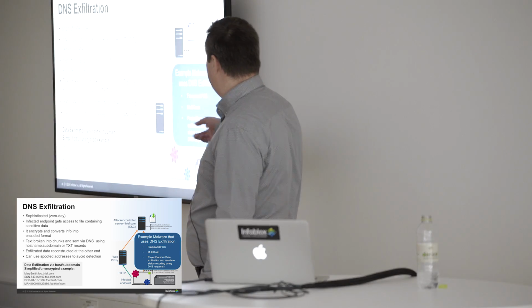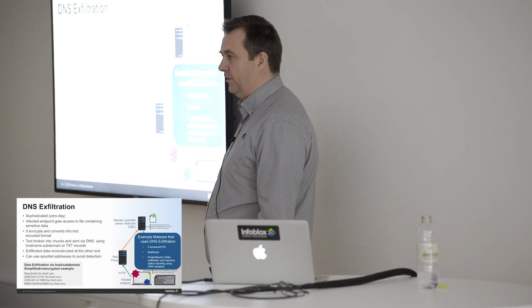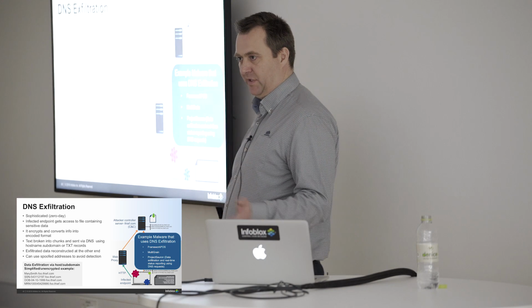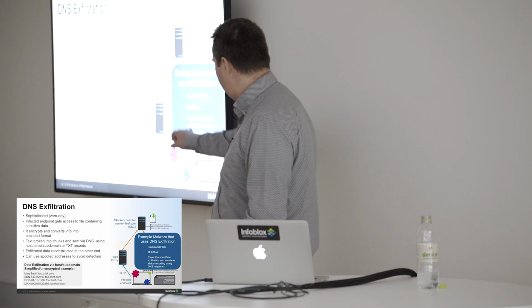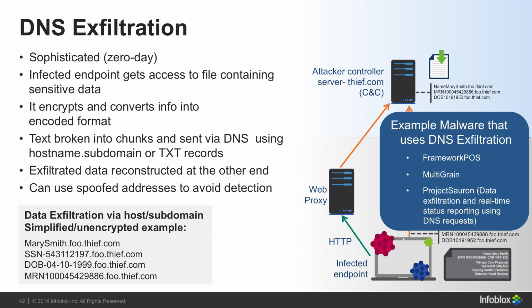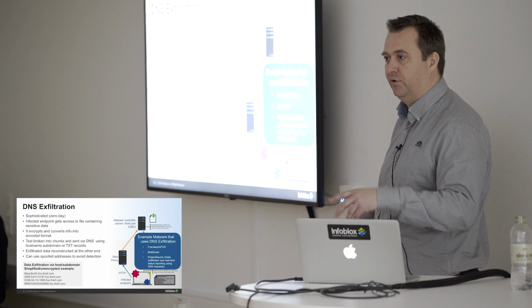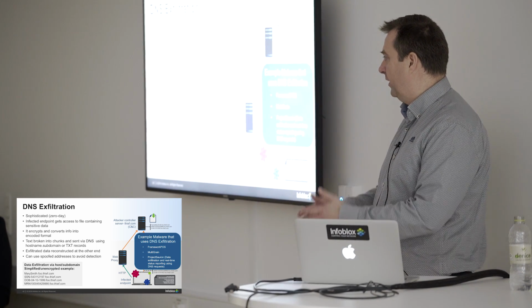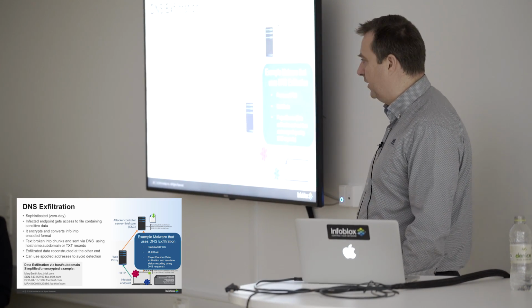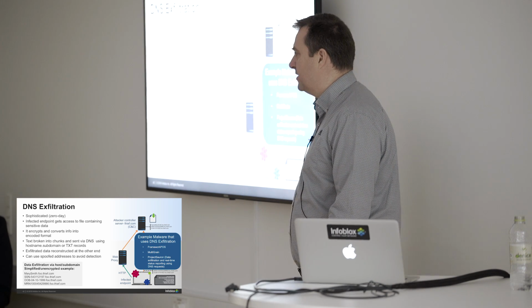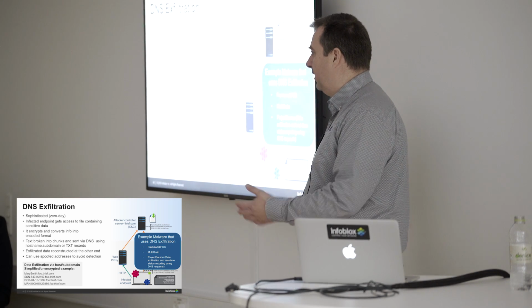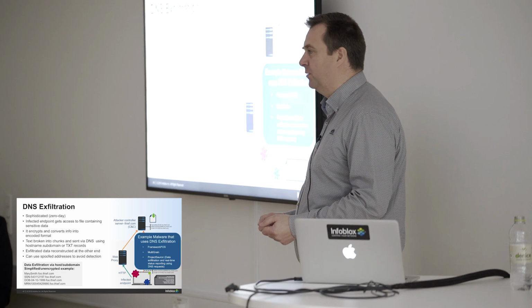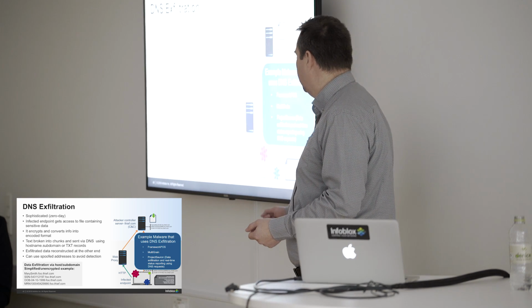Okay. These are some examples of malware that uses DNS exfiltration to send out data. Multigrain here is a nice one. Multigrain was discovered by FireEye by doing sandboxing on an infected client, and they saw, okay, we discovered a new malware, it's called Multigrain, and basically at that day people knew about it and other security products could start stopping it.